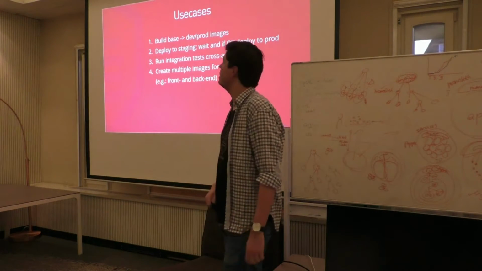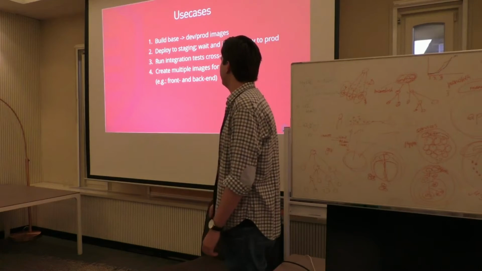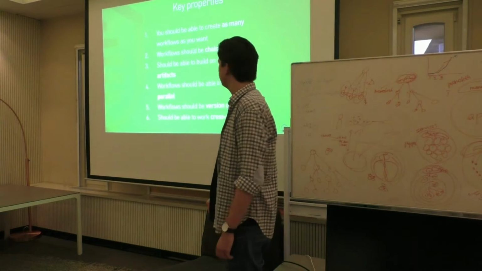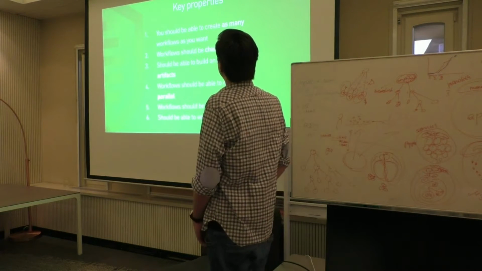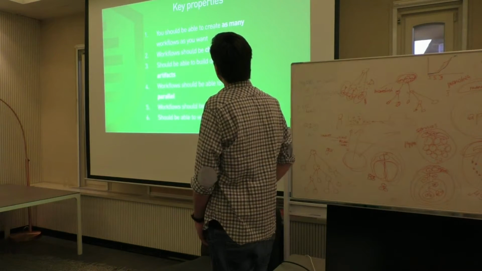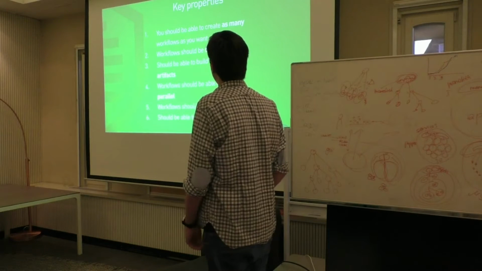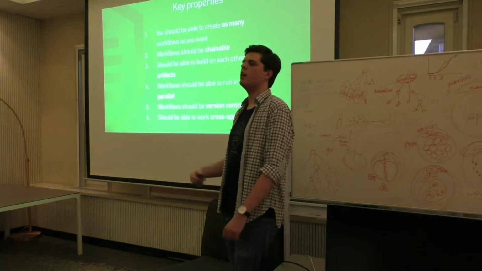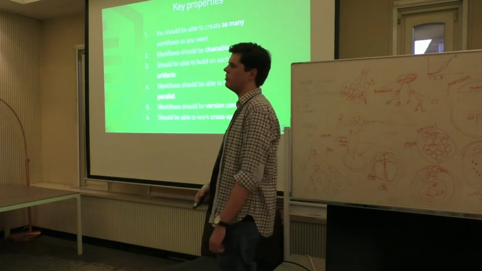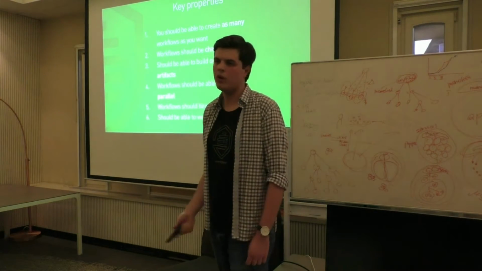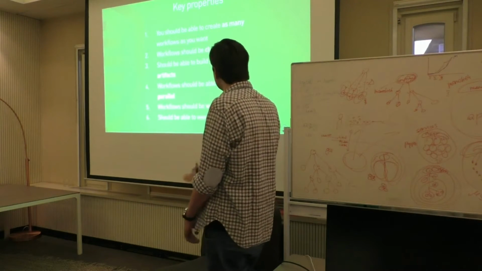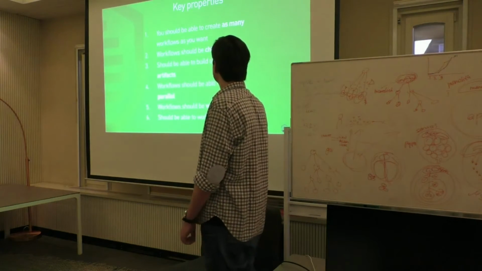So based on these four use cases, we came up with a list of key properties. So, quickly going over them. The first one, you should be able to create as many workflows as you want, right? Again, in order to facilitate and not shoehorn into build and deploy, you should be able to create any workflow that you want: build prod, or build staging, build QA, not just build.